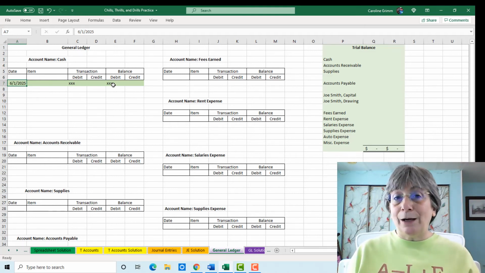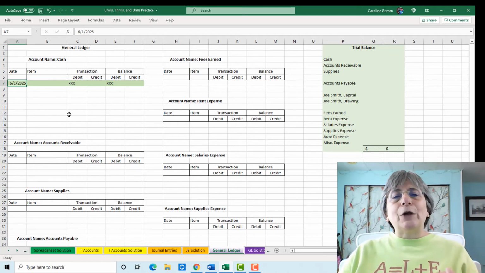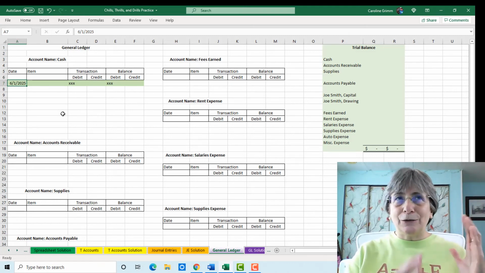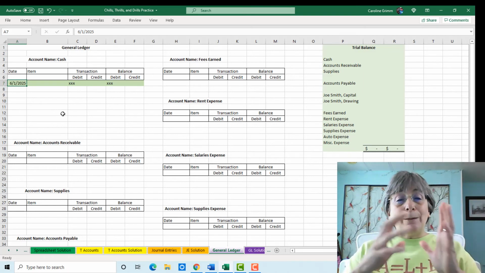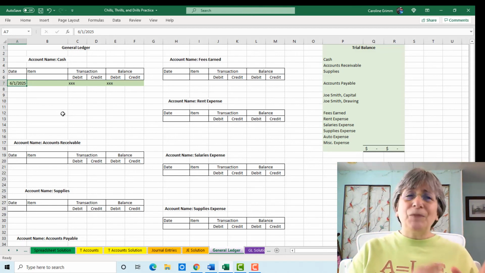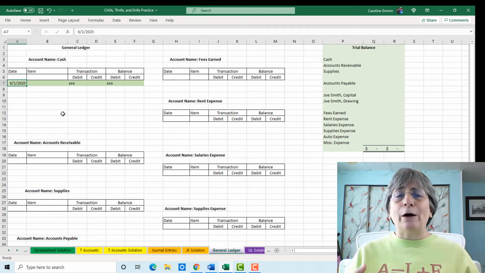You want to know what your balance is so that you're not writing bad checks. So this is a much more efficient way of doing this as far as comparing T accounts to this method. Now, when we take our journal entries and post to these accounts, you're going to see that it is a very tedious process, right? And it's going to make you appreciate accounting software so much, okay?